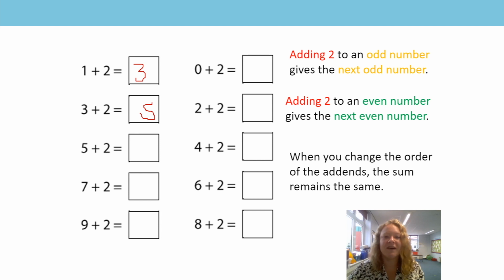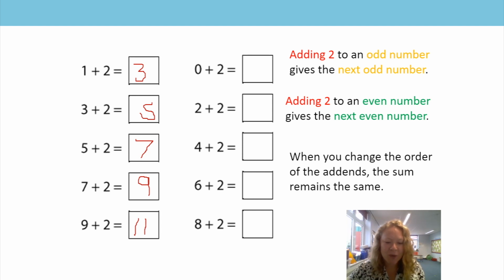Right, next one. 5 add 2 is equal to 7, our next odd number. Oh, this time we're starting with 7. 7 add 2 is equal to 9. And the last one on this list, we're starting with 9. 9 add 2 is equal to 11. Well done. We hadn't gone up that high, had we?